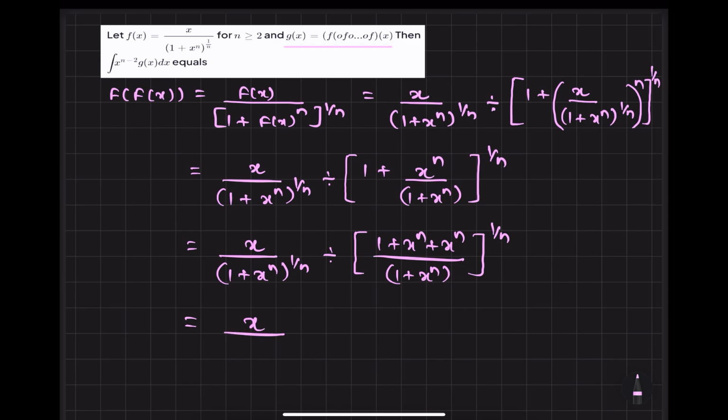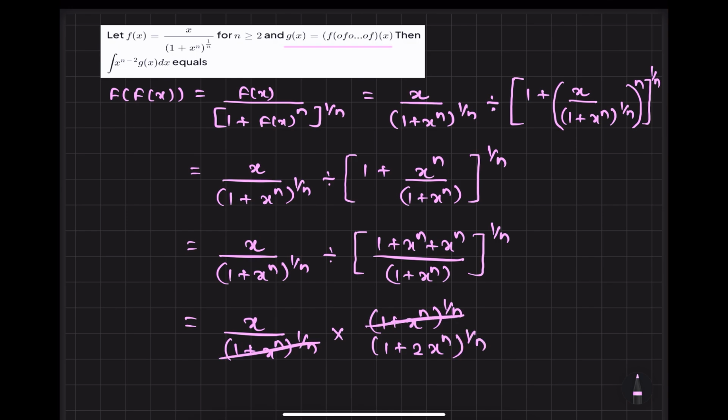So we have x by (1 plus x power n) to the power 1 by n multiplied by (1 plus x power n) to the power 1 by n. This denominator will come to the numerator. Okay, now we have (1 plus 2x power n) to the power 1 by n.